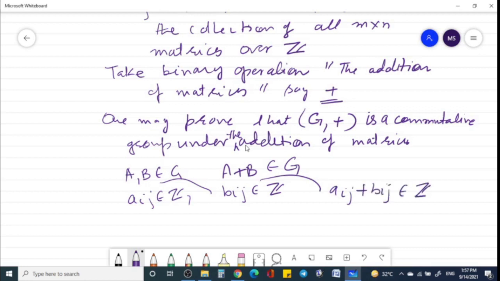So this can be seen easily that G is closed under addition. Associativity we have seen many times in previous classes. Matrix addition is associative for all A, B, C belonging to G.